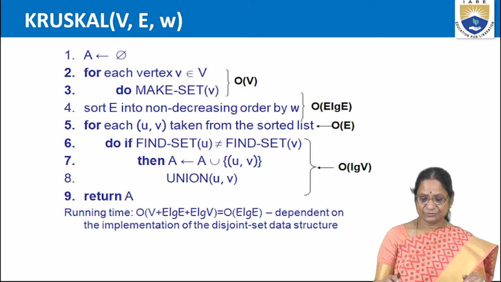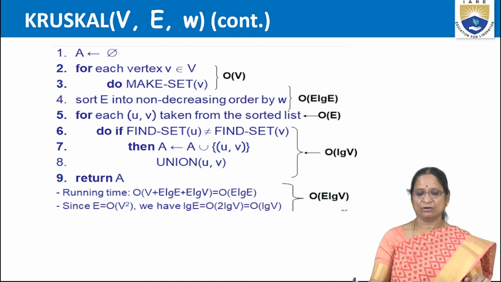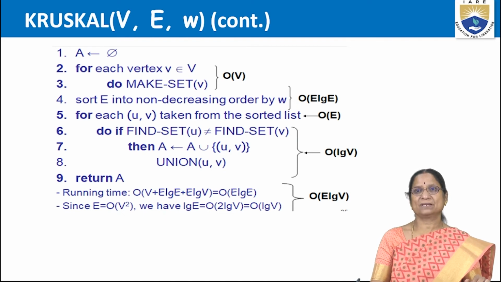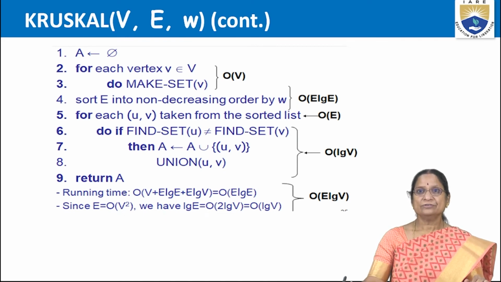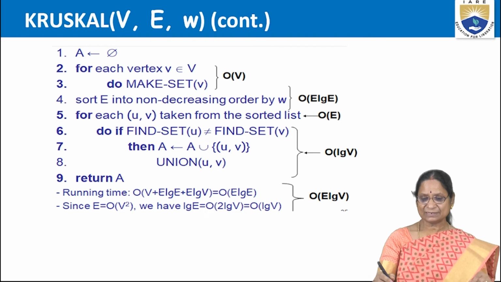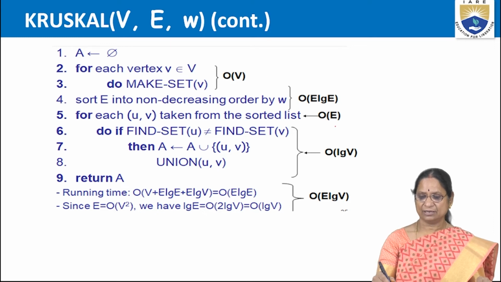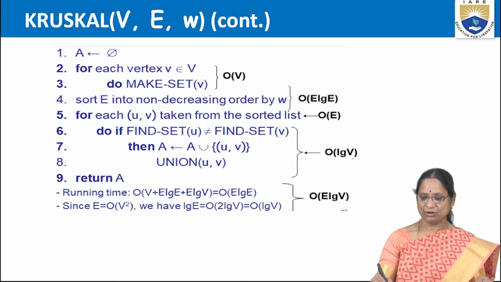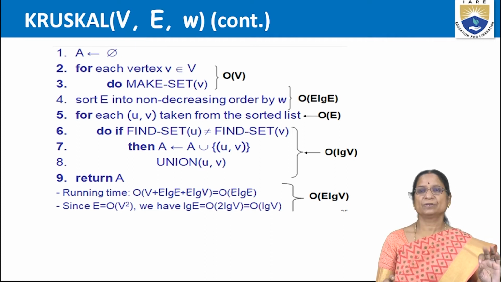So that's why, by using this weighted union, we can consider the time complexity here. What is the total time complexity now? Order of V plus E log E plus E log V will be considered.